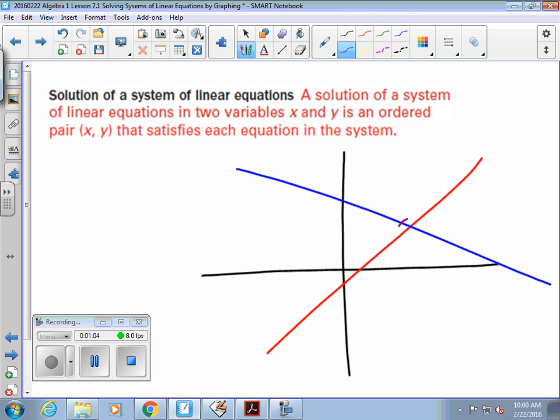The only solution, the only one that'll make both the red and blue lines correct, the way I have them drawn up here, is that purple intersection right there. That is the only point that when we plug in its x and y value, or its ordered pair, will make the blue equation true and the red equation true, therefore being a solution for each one and a solution for the system.